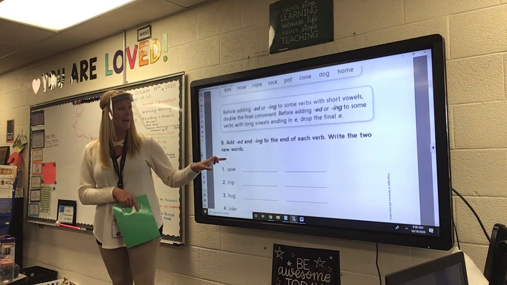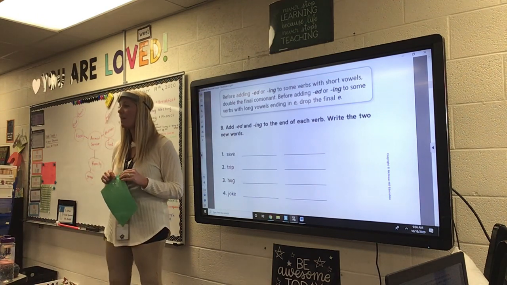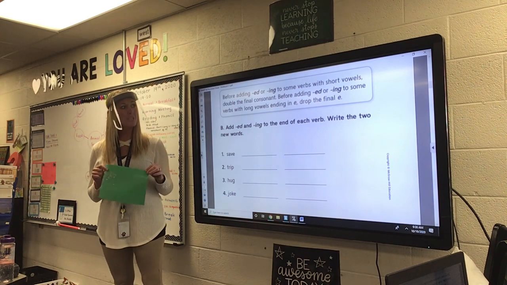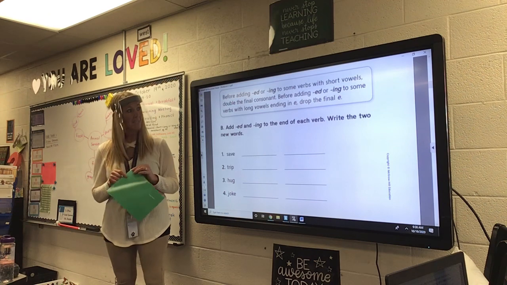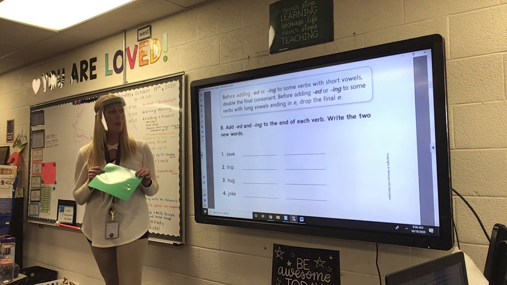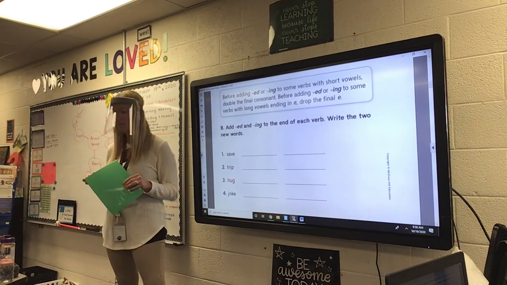Now, down at the bottom, we are going to review Ned the Ed. Before adding ed or ing to some verbs with short vowels, we need to double the final consonant. Before adding ed or ing to some words with a long vowel ending in e, we need to drop the final e.